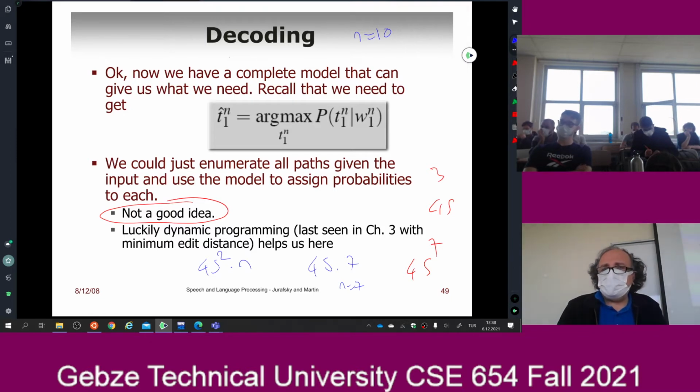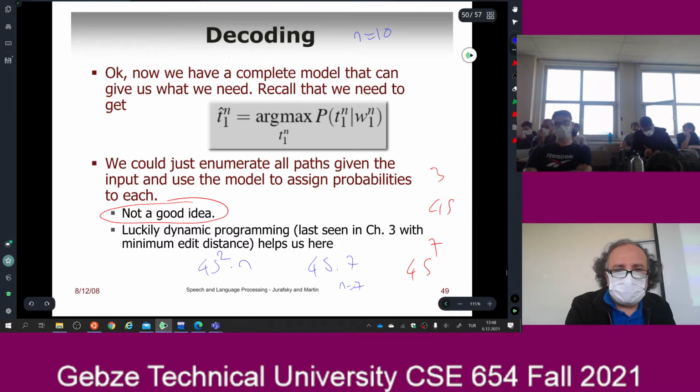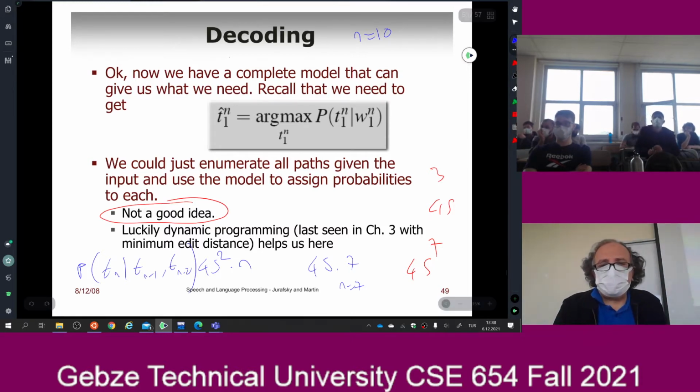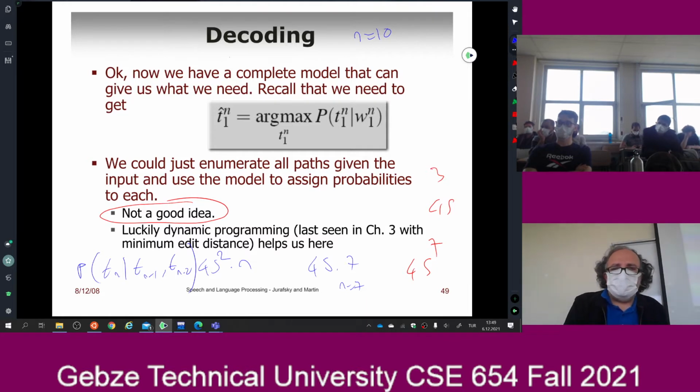If my tag were dependent on t n minus 1 and t n minus 2, a factor of 45 to the power of 3 would come into play. That's the idea, okay? So that's what we are going to do with dynamic programming.